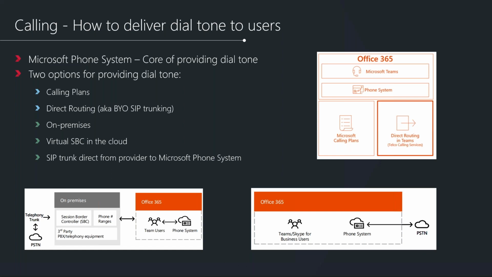At that point, you won't want to, or you won't be able to move away from that very quickly. So you will implement direct routing to take advantage of your existing calling contracts, to take advantage of your existing tie lines between various areas and sites and regions.